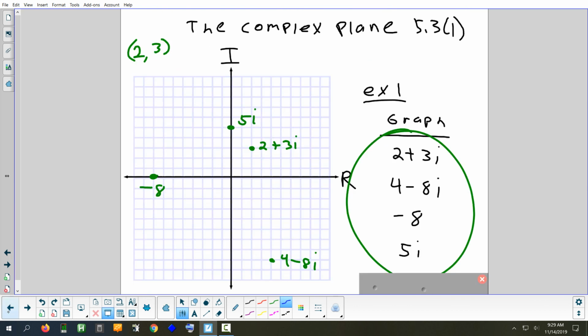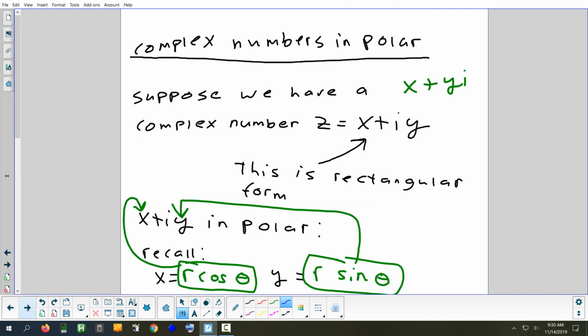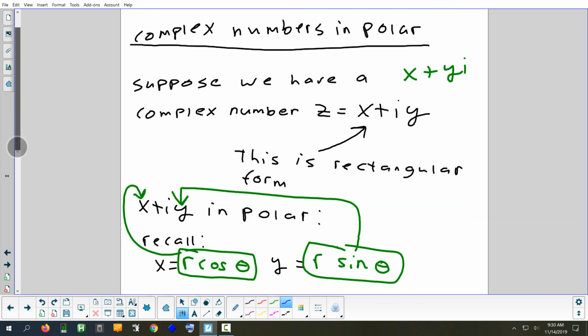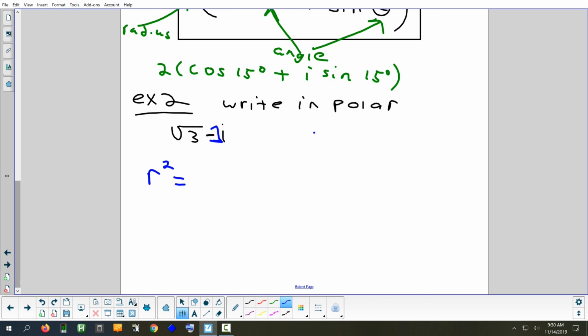Now, this is where the graphing kind of comes in handy. The real axis is taking the place of which letter? X. So when you think real, think X. The imaginary is taking the place of what other letter? Y. So when you see imaginary, think Y. Real, think X. Imaginary, think Y. Square root of 3.